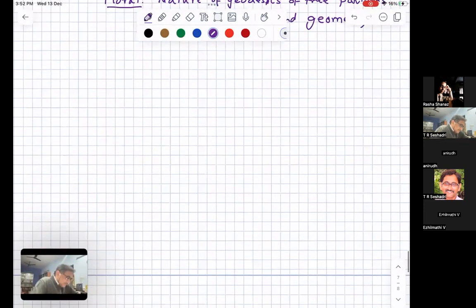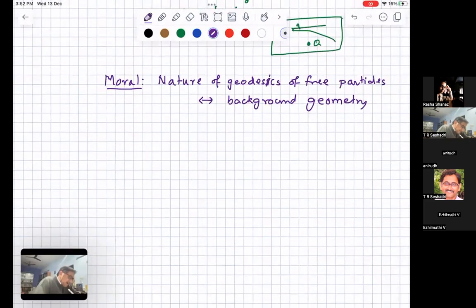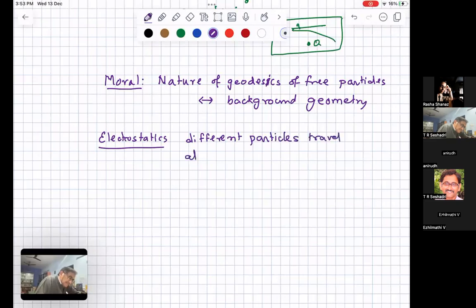Now, take the case of electromagnetism, electrostatics. Different particles travel along different trajectories.